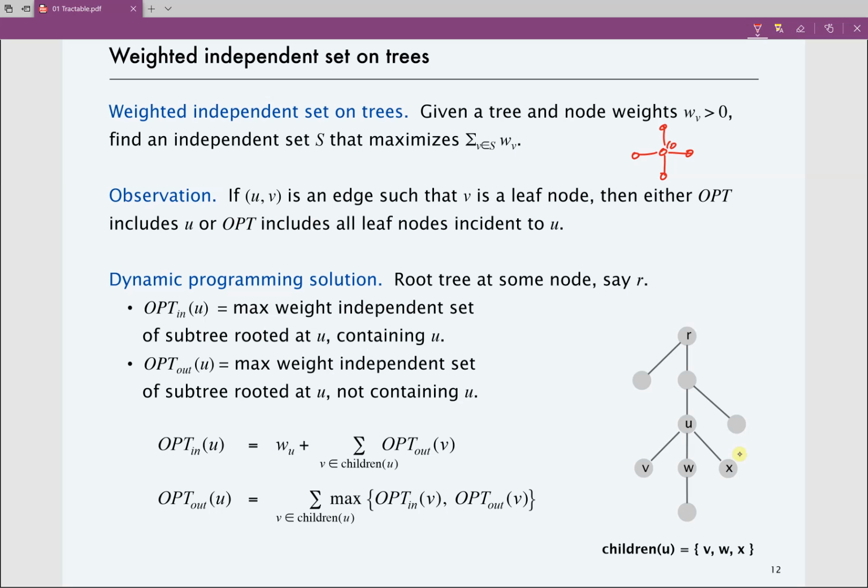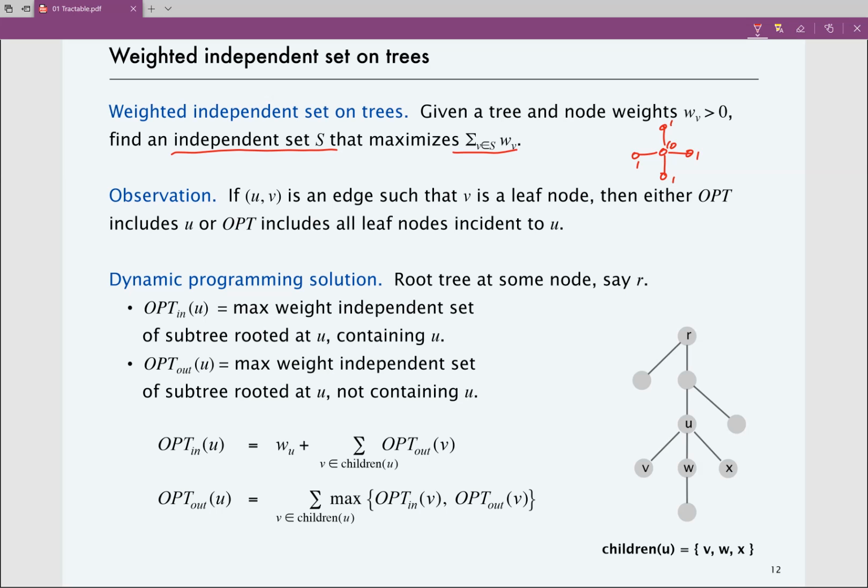Suppose this has a weight of 10, and suppose all of these other nodes have a weight of 1. Now the maximum weight independent set would actually just be the center node over here, because its weight is larger than all of the other weights combined. So this is our problem. We're trying to find an independent set of nodes S which has maximum weight.